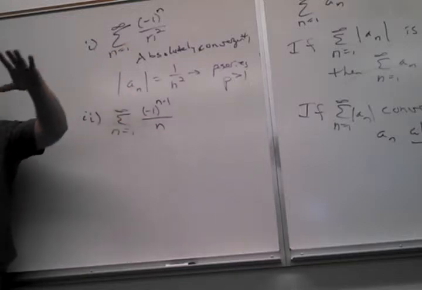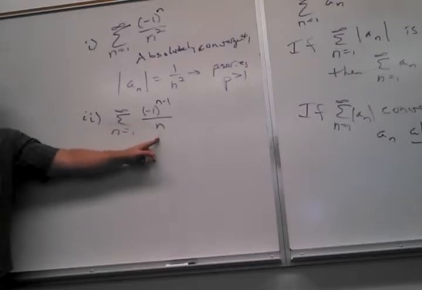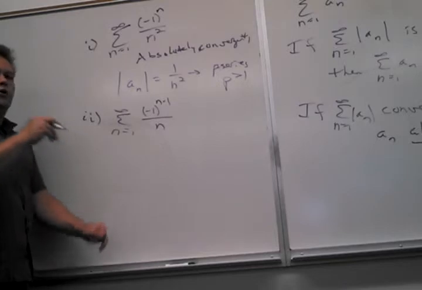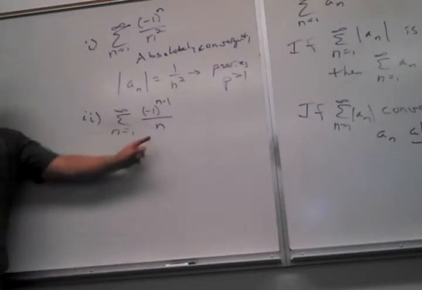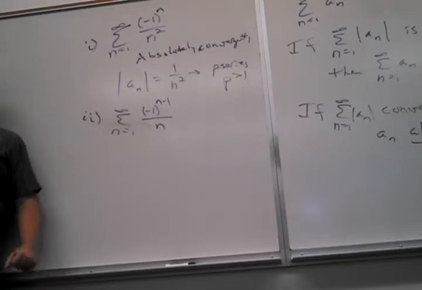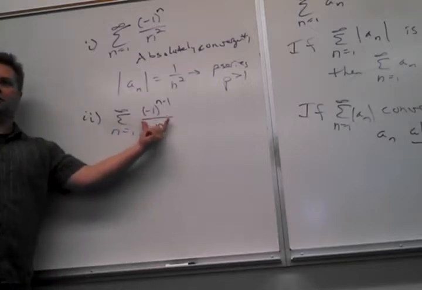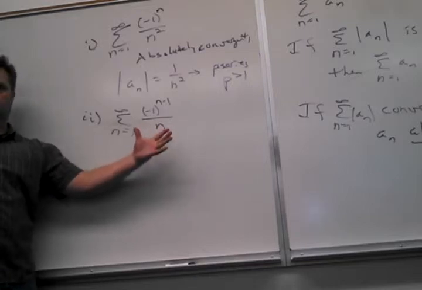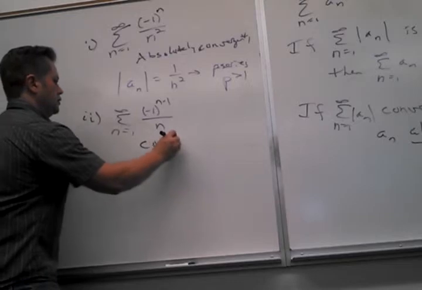This is certainly a convergent alternating series, isn't it? Yeah. We did this one earlier. So here's what you call it if it's not absolutely convergent. We call this one conditionally convergent. On the condition that you don't put absolute values on me, I am convergent. So that's why we call it that.